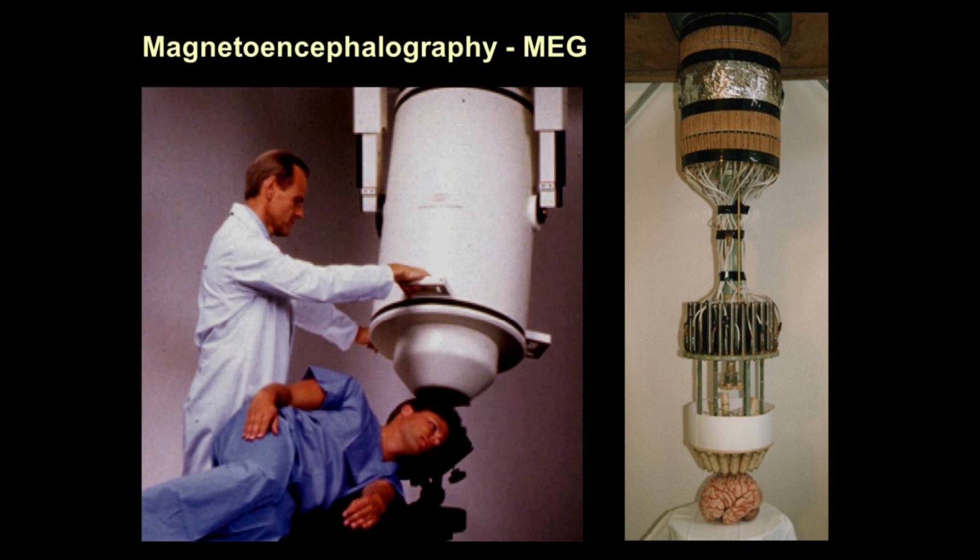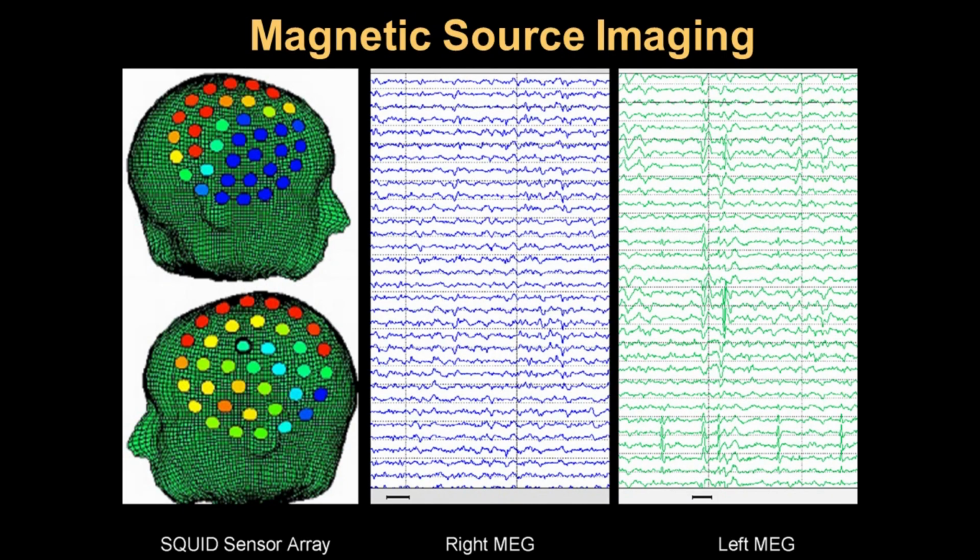You remember the right-hand rule: every time you have an electrical discharge, you have a corresponding magnetic field. These are sometimes passed out through the scalp more easily, particularly for deep cortical epileptogenic lesions. And you can pick them up, these squids or superconducting quantum interference devices, and magnify them and then co-localize them to separately acquired MRI.